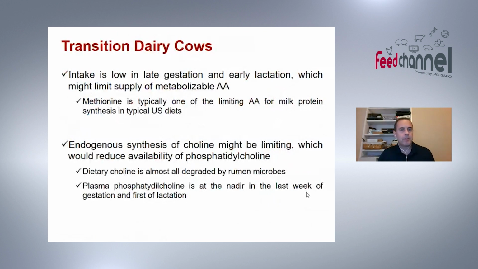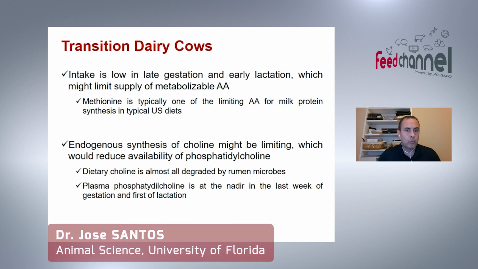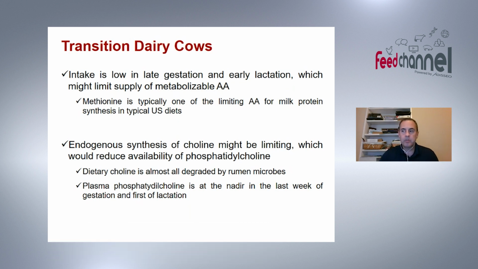So why is this important for the transition cow? Well, we know, and you know very well, that transition cows have reduced intake as they approach parturition, particularly in the last week of gestation, and they have inadequate intake of dry matter in the first weeks after calving, which leads to negative nutrient balance.